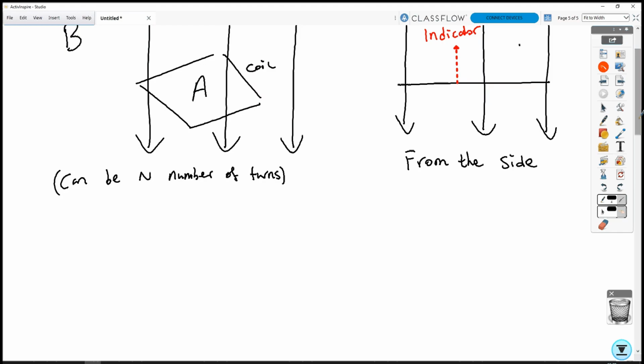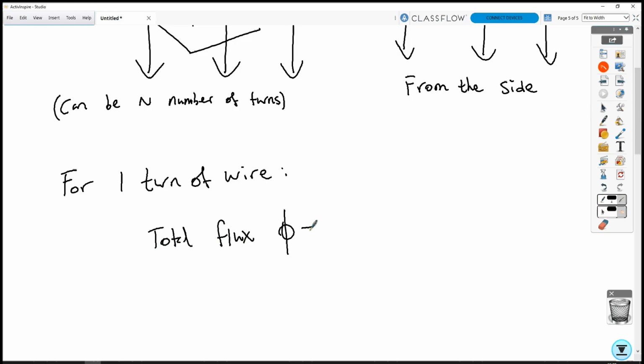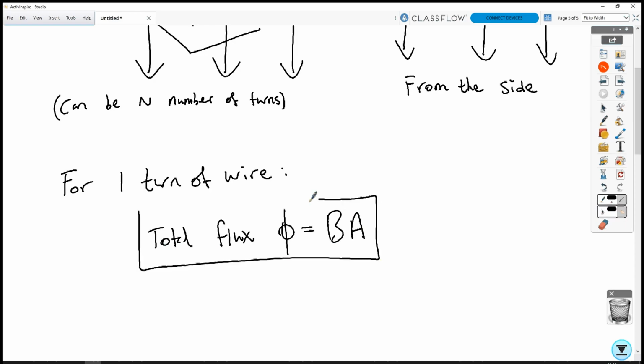That tells you how much flux passes through the coil. So for 1 turn of wire, the total flux, phi, is equal to B times A. Put a box around that.